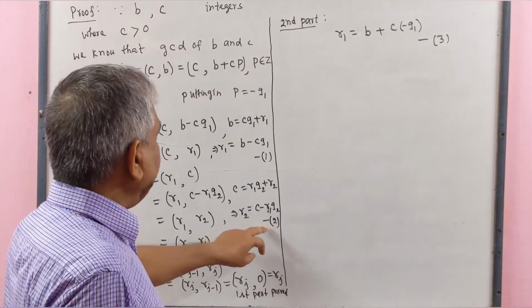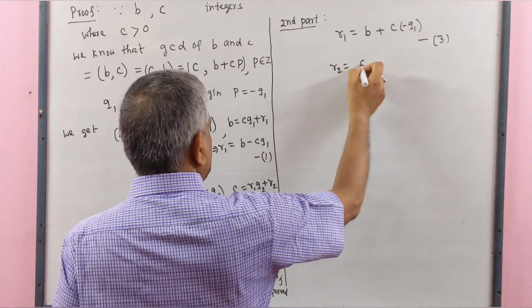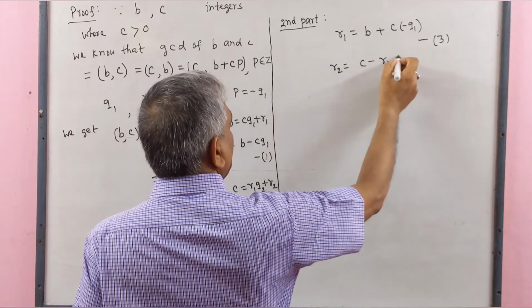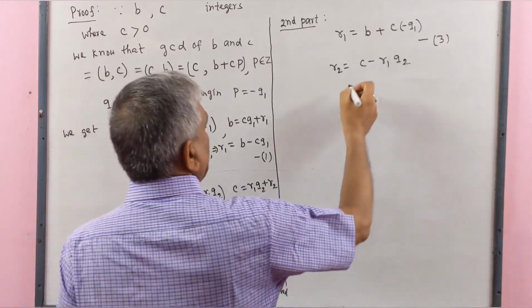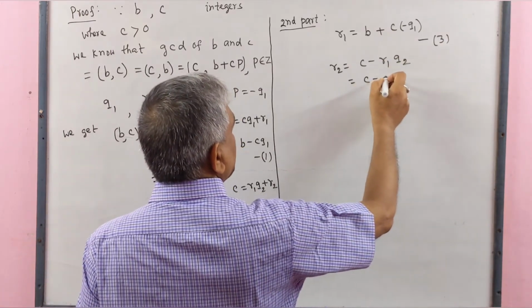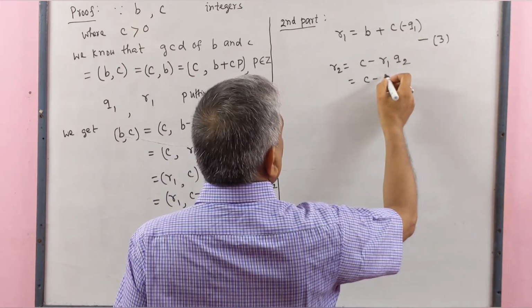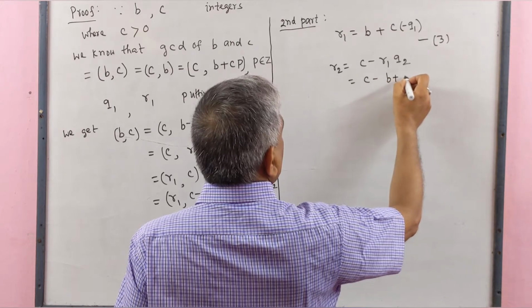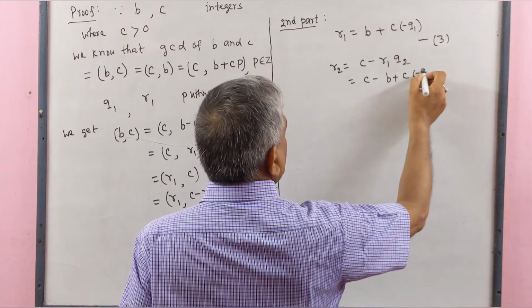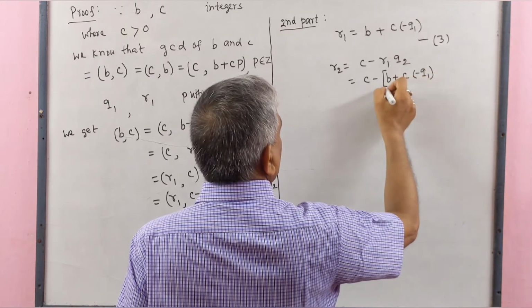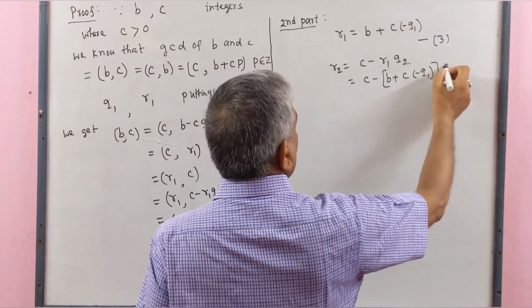In 2 we get R2 equals C minus R1 Q2. This equals C minus, putting the value of R1, B plus C minus Q1, Q2.